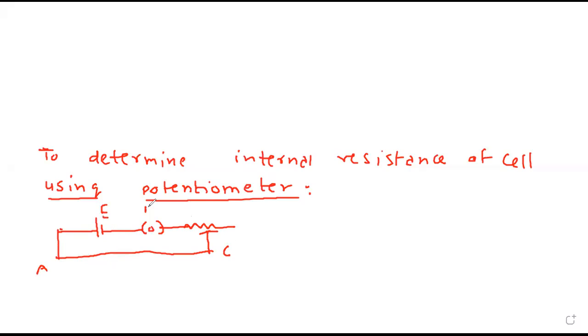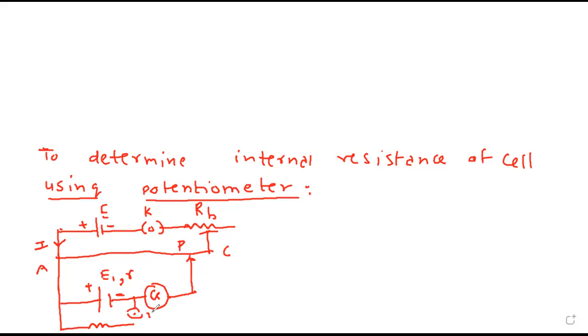Battery of EMF E, plug key K, rheostat Rh are connected in series to send constant current I. Positive terminal of the cell of EMF E1, whose internal resistance r is to be determined, is connected to end A. Negative terminal is connected to one end of the galvanometer. Other end of the galvanometer is connected to the jockey, which can slide over wire AC.